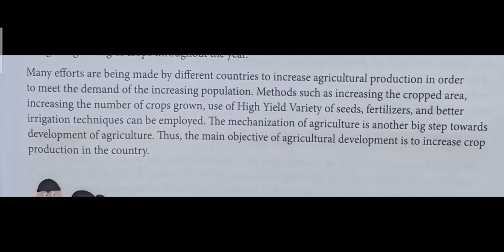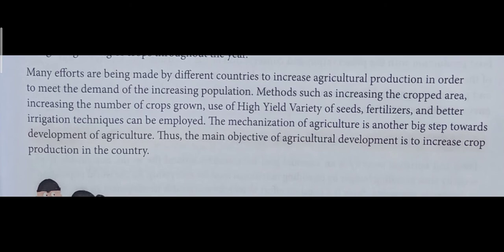Many efforts are being made by different countries to increase agricultural production in order to meet the demand of the increasing population. Methods such as increasing the cropped area, increasing the number of crops grown, use of HYV seeds, fertilizers and better irrigation techniques can be employed. The mechanization of agriculture is another big step towards development of agriculture.